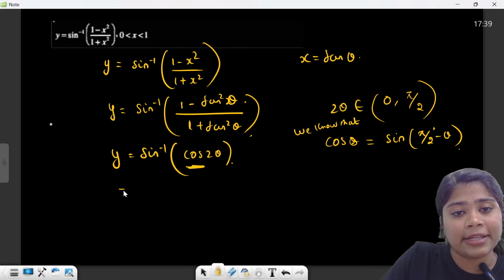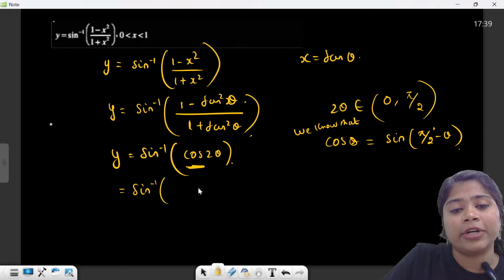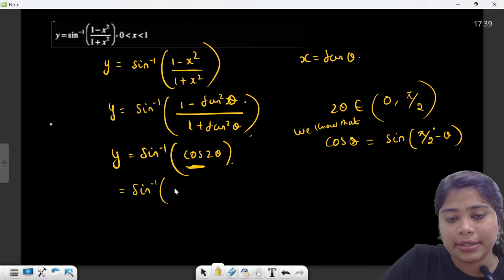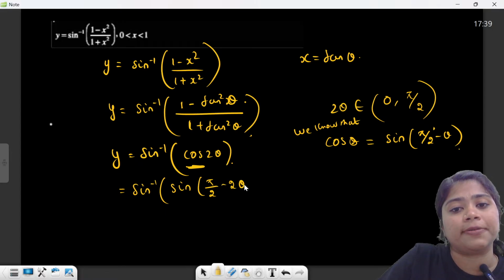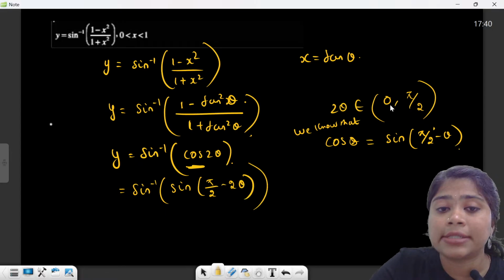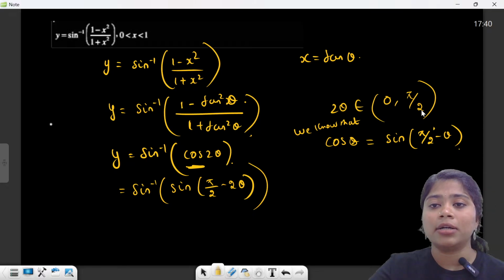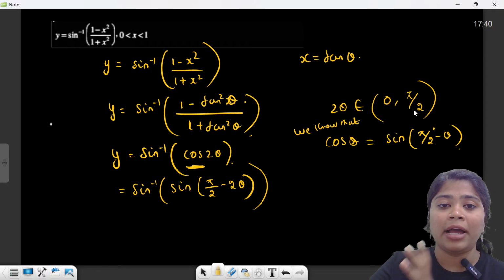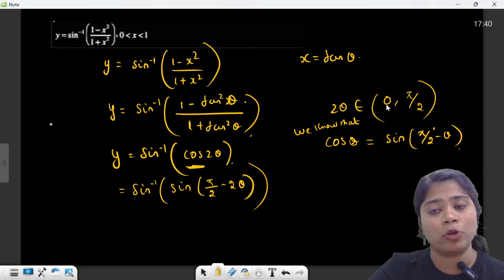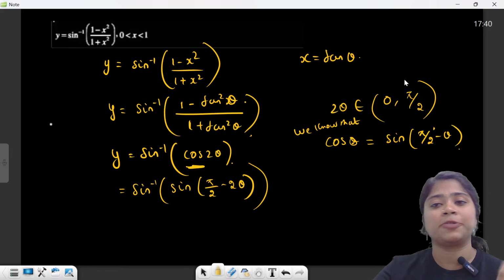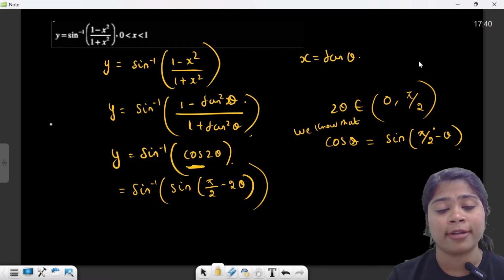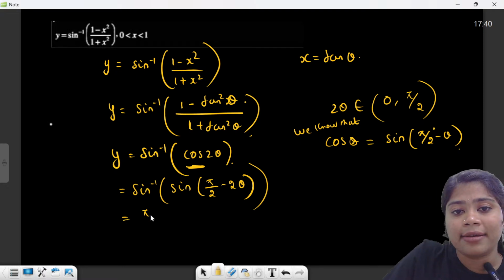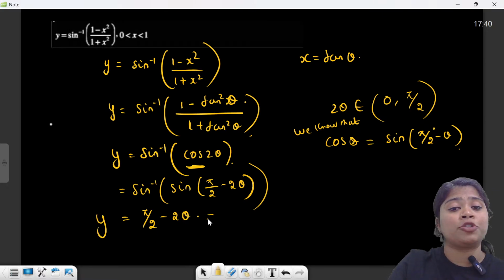So I'm going to write this as sine inverse of sine of (pi by 2 minus 2 theta). Anyway, you will be getting minus pi by 2 to 0 only, that is also in the principal domain of sine. So y is equal to pi by 2 minus 2 theta.